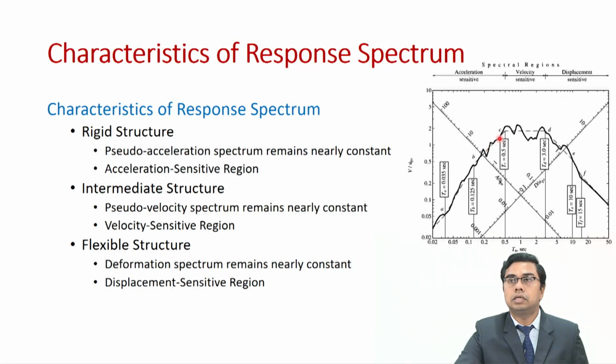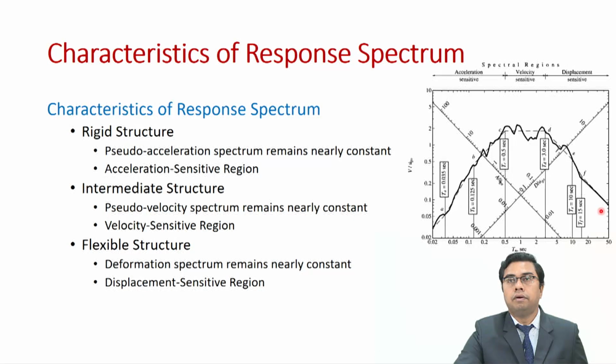For intermediate structures, the pseudo velocity remains nearly constant, and for flexible structures, the pseudo displacement remains nearly constant, as this is the axis for pseudo displacement. Which means we can tell that the rigid structures lie in the acceleration sensitive zone, the intermediate structures lie in the velocity sensitive region, and the flexible structures lie in displacement sensitive regions.